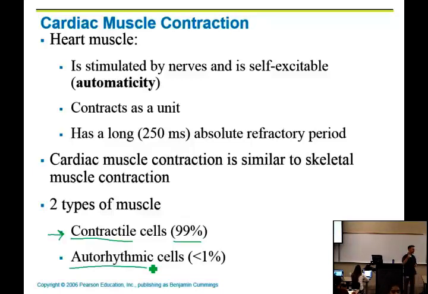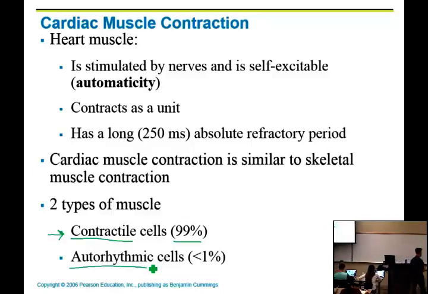So those sympathetic and parasympathetic impulses coming down definitely control the heart activity. But once it gets to the heart, then these local managers, these autorhythmic cells, are the ones that route that message out to the worker cells, which are the contractile cells.